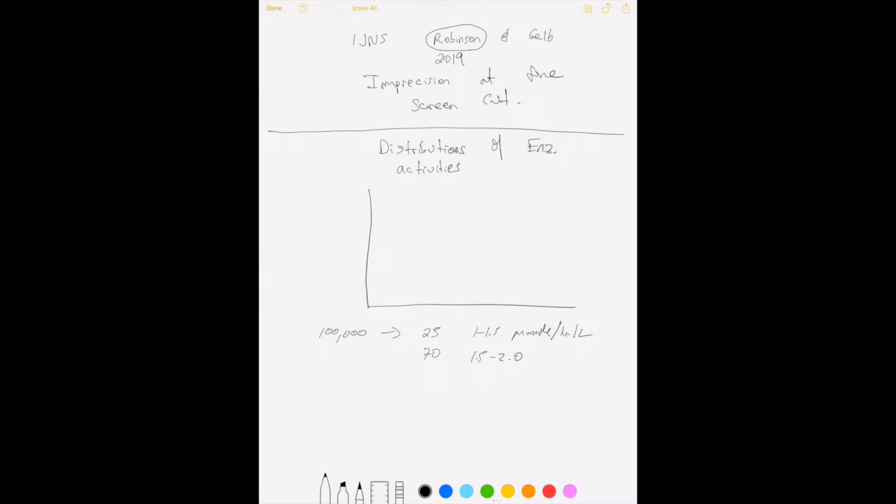And to normalize it, let's divide the number of newborns in the bin by the number of newborns screened, which is 100,000. So here, for example, this is the bin corresponding to 1 to 1.5, and here's the bar graph. So this number would be 25 over 100,000. All right, and so you get a series of bins, each one with a bar, and you plot these out.